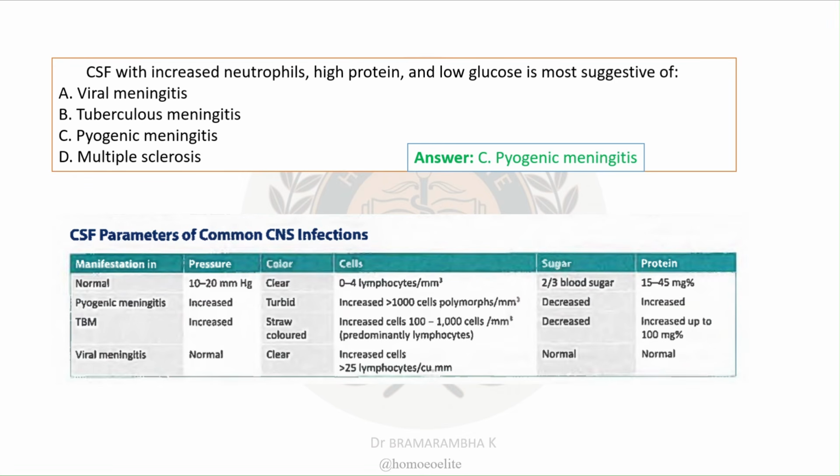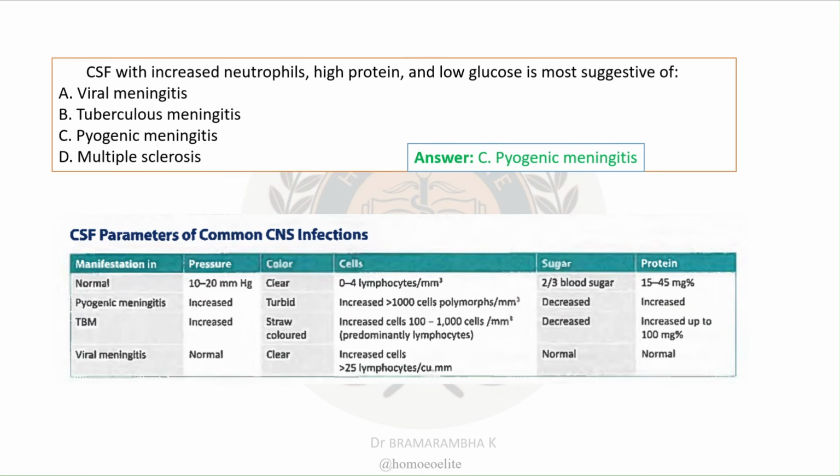So here you can see viral meningitis. In viral meningitis, protein is normal. In this way, you can rule out viral meningitis. In tubercular meningitis, protein is increased, and there is again low glucose.